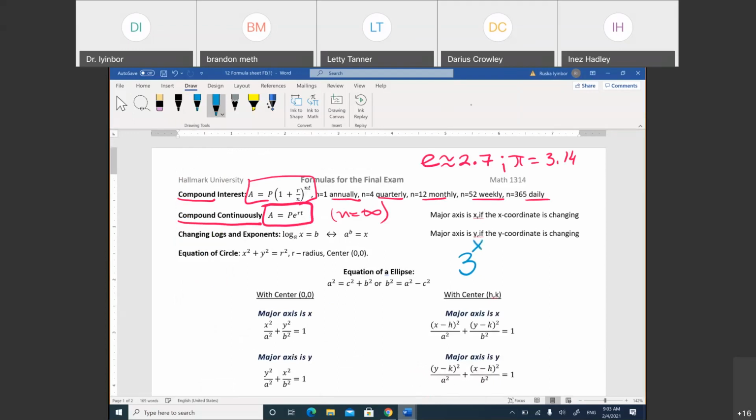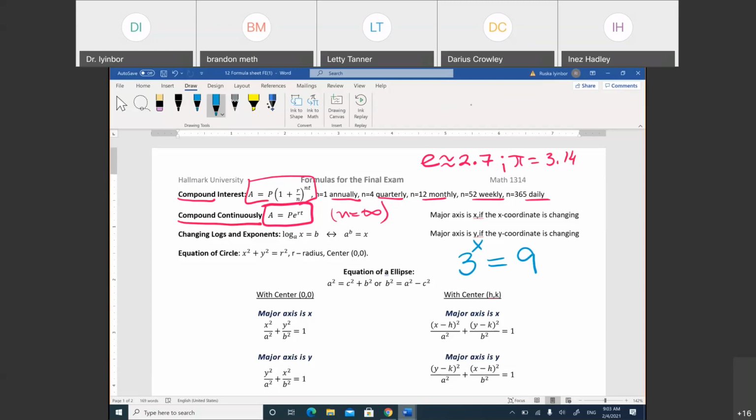And let's say 3 to the x equals 9. So this equation has an exponent, right? X is in the exponent. We're going to solve equations like this, but the operation exponent just means multiply 3 by itself x times.